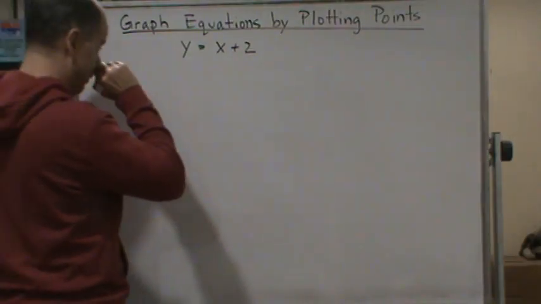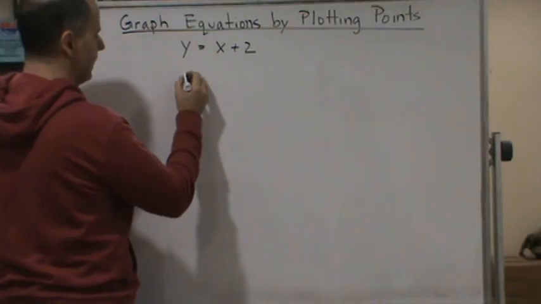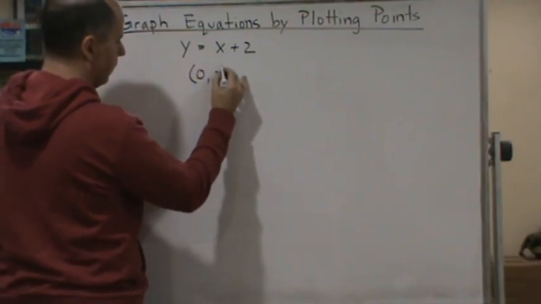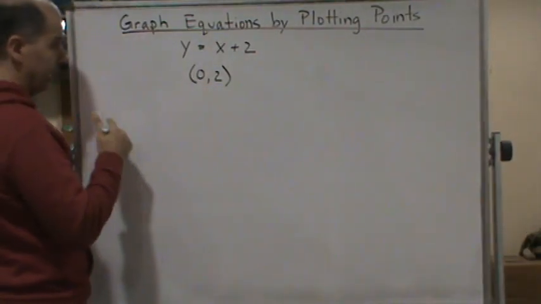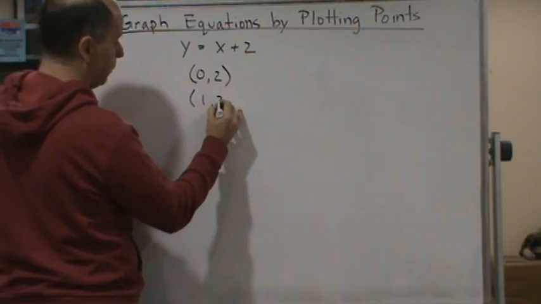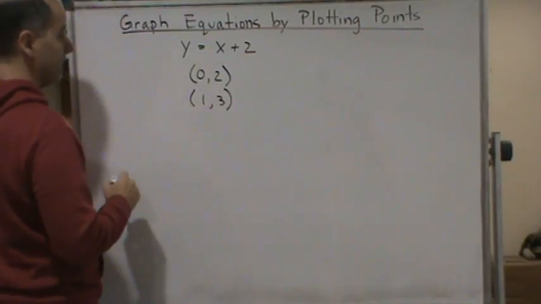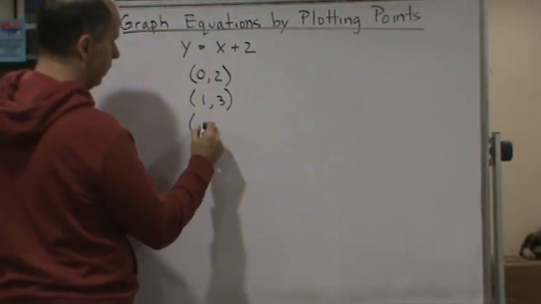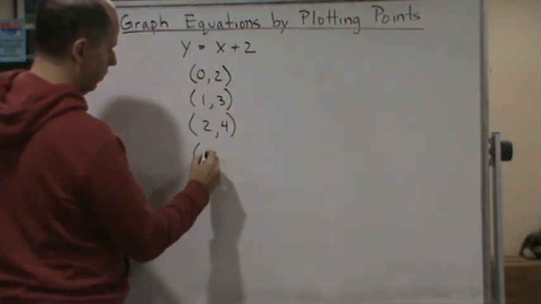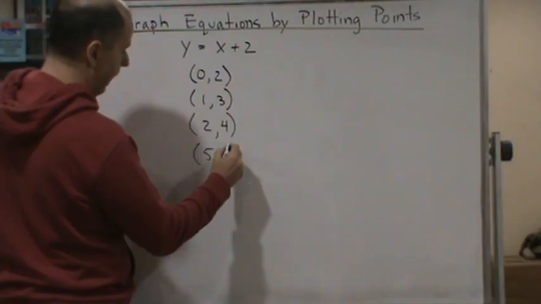So for example, if I use 0, then that means (0, 2) is a solution. Or 1, (1, 3) is a solution. Or (2, 4) is a solution. Or (5, 7).